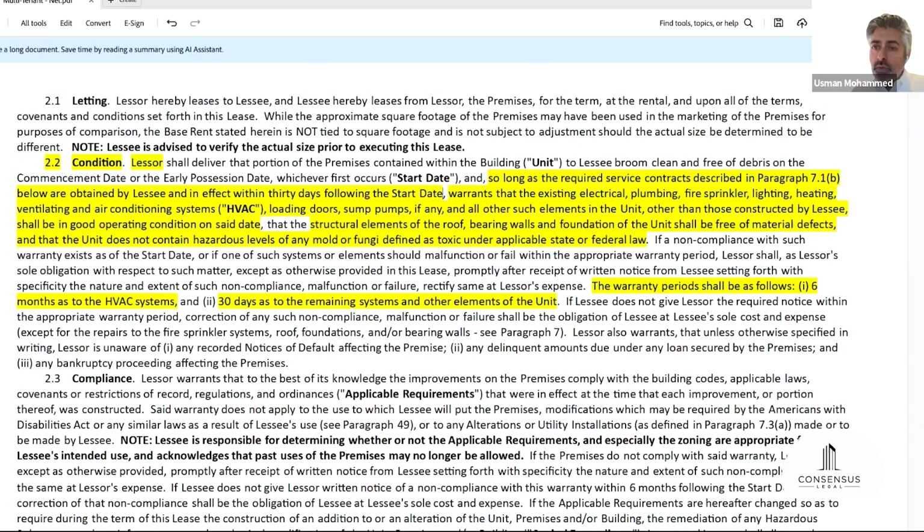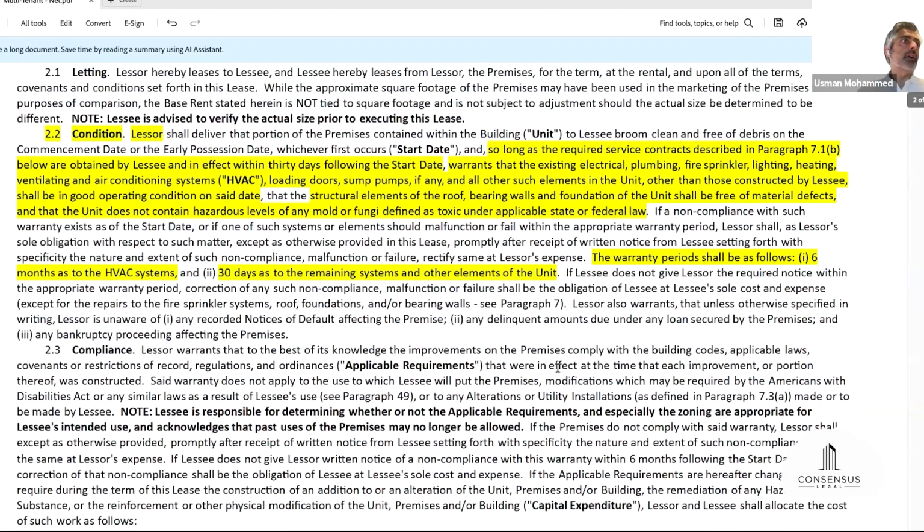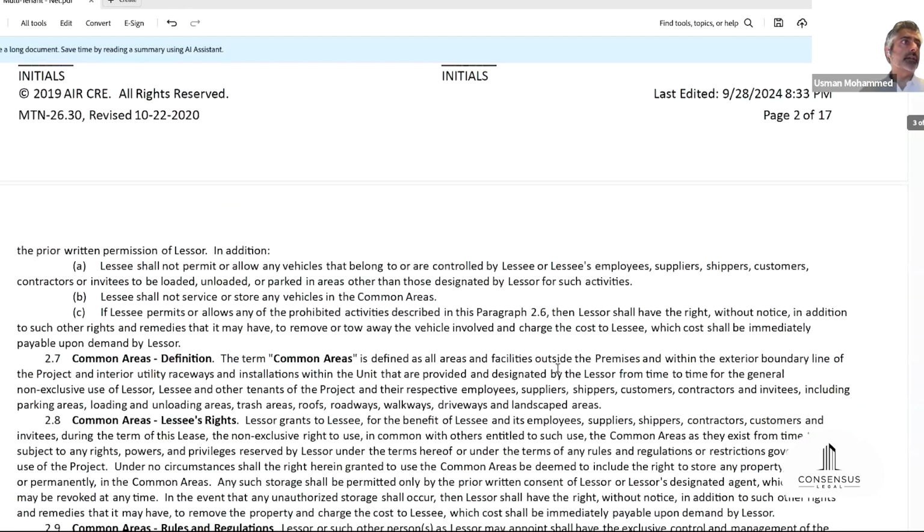So generally speaking, lessor is responsible for modifications and upgrades outside of the premises. However, there are some exceptions to that.